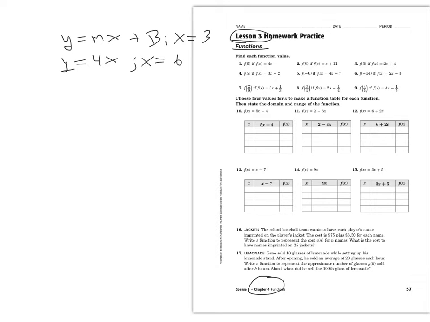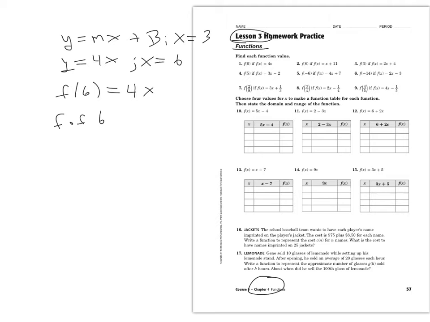If you look at problem number 1, where the 6 is, when they write f of 6, they want you to take the 6 and put it into the equation for x.